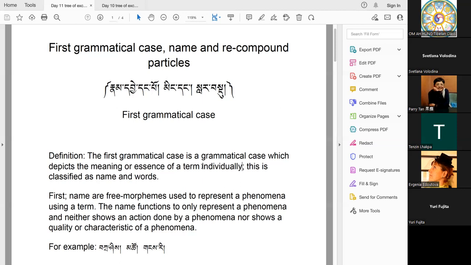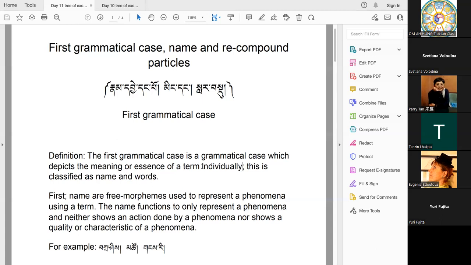So when we say a vase, we're not saying, oh, the vase is holding water right now. Or we're not saying, oh, this is a red vase, or oh, it's a beautiful vase. No, we're only saying vase. And things like holding water or a beautiful vase or red vase are all characteristics and actions that are added to this representation.